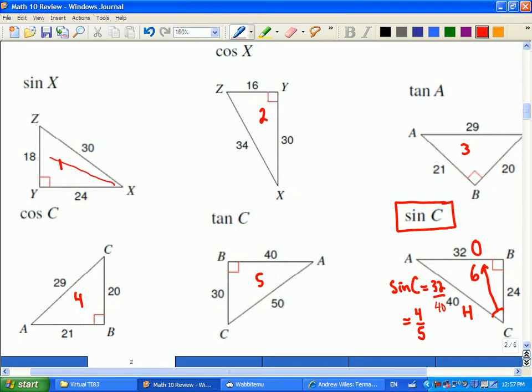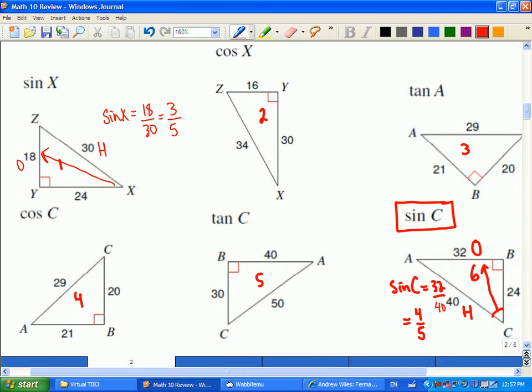Here's the opposite side and here's the hypotenuse, so the sine of x is opposite over hypotenuse. You can also reduce this. It's a good habit to reduce those fractions.